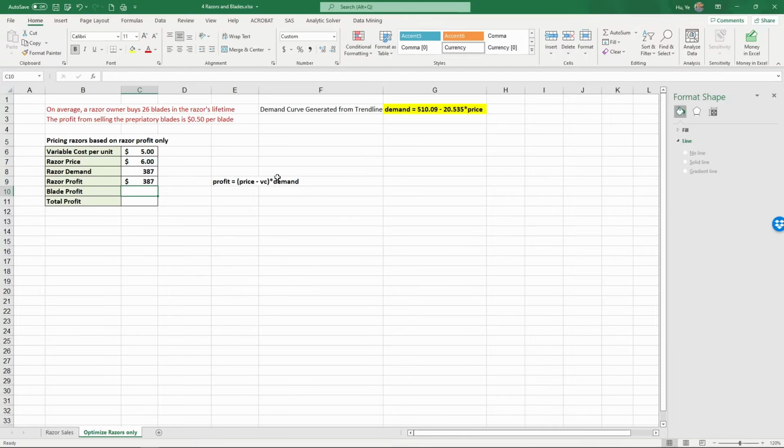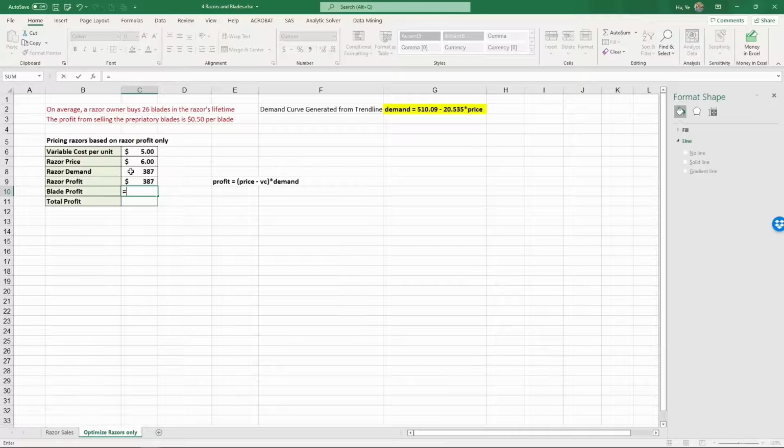and enter. So the blade, once we know the razor demand, we can figure out the blade profit as well, right? So this is equal to the blade's profit is 50 cents per blade, but for each razor we can sell 24 blades.